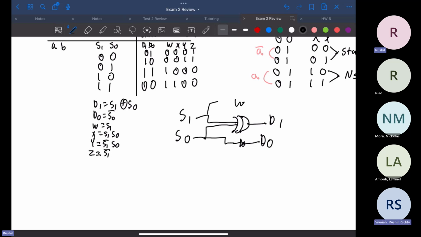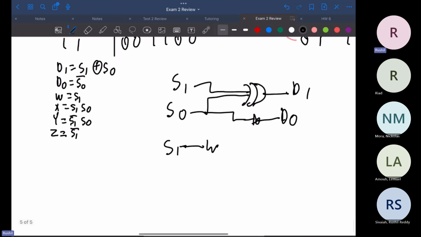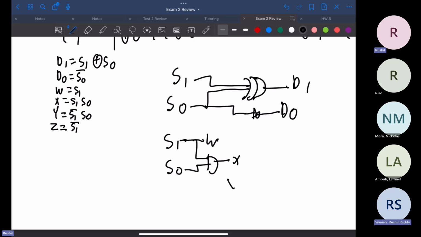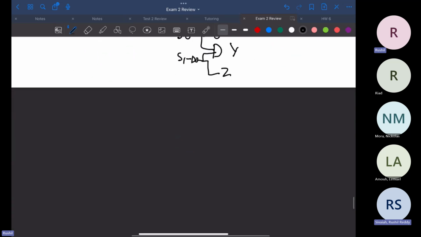Then we know that W is equal to S1, and then X right here is going to be equal to both of them ANDed. And then Y is going to be the AND of S1 inverted. Okay, so this is how I want you to start it. Do this. Then from here, we're going to change it up a little bit.